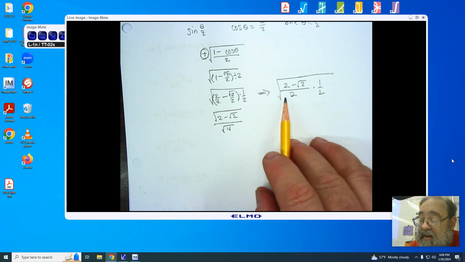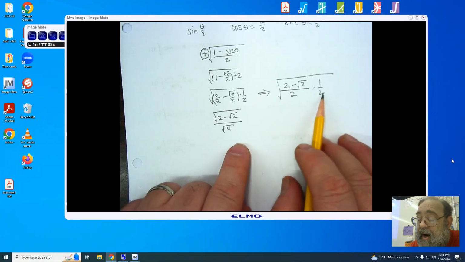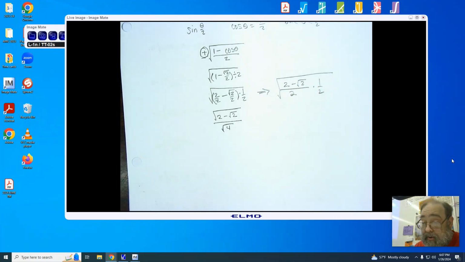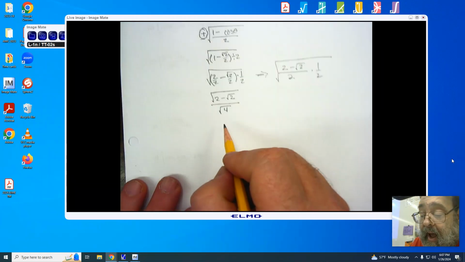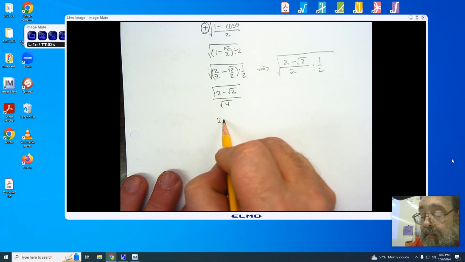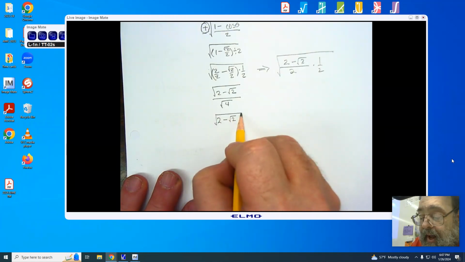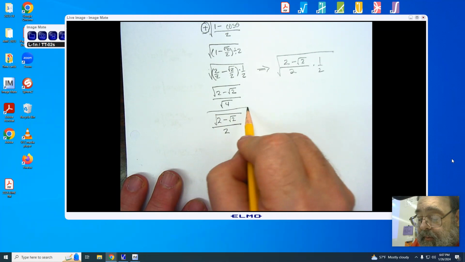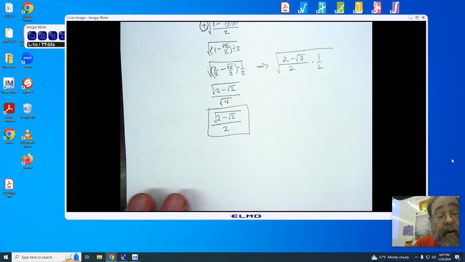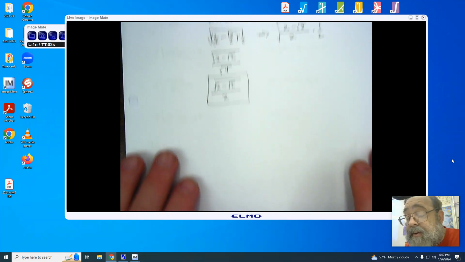Notice I then take 2 times 2 is 4, and I take the square root of the numerator and the denominator. I now have my answer, the square root of 2 minus root 2, divided by 2. And that's number 4.